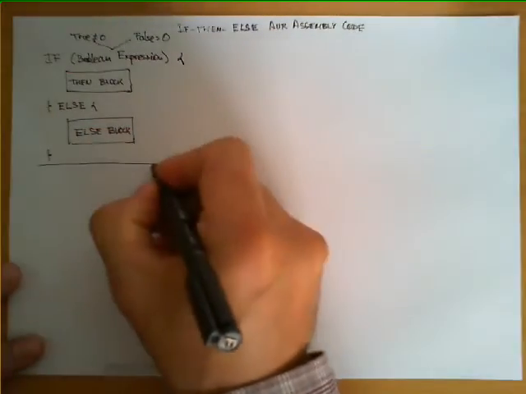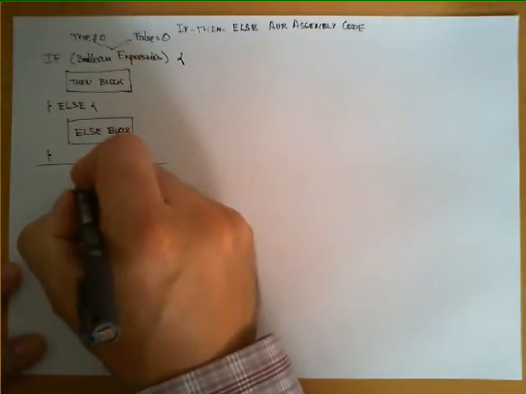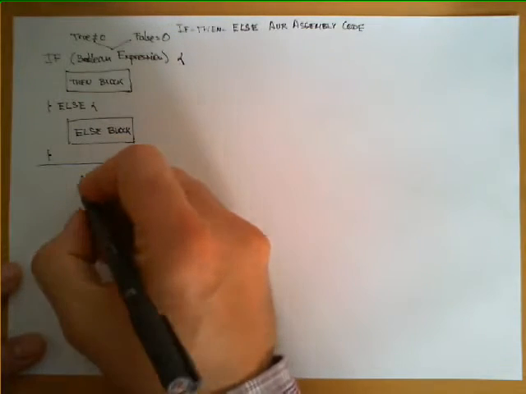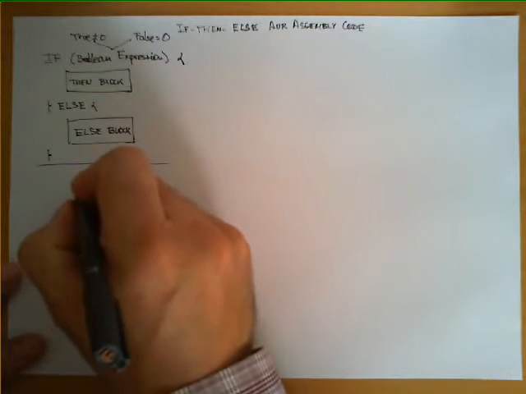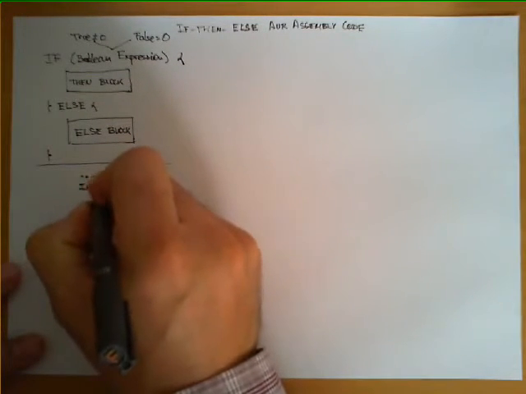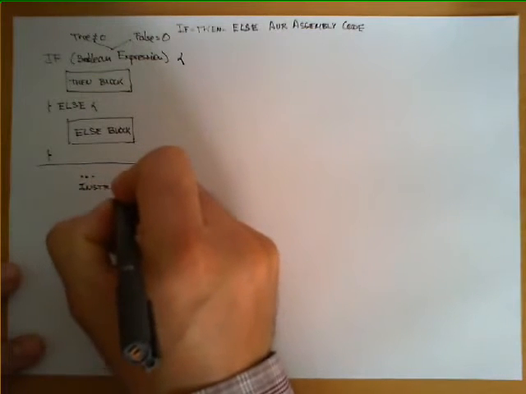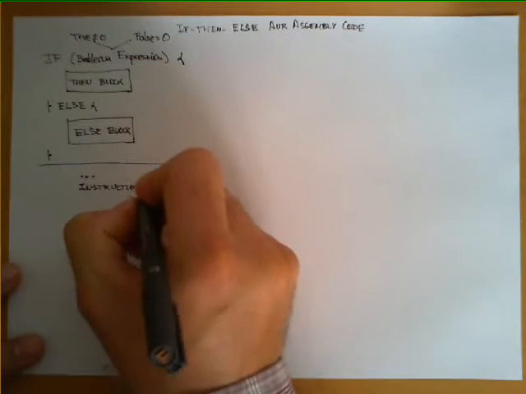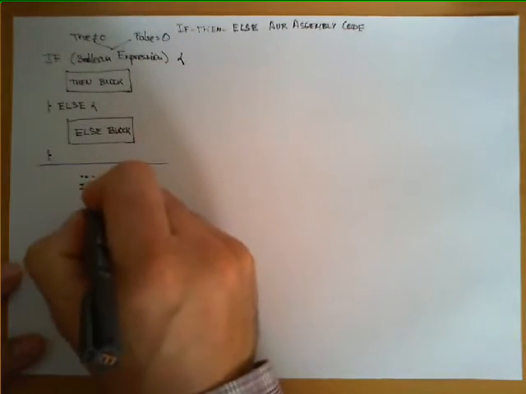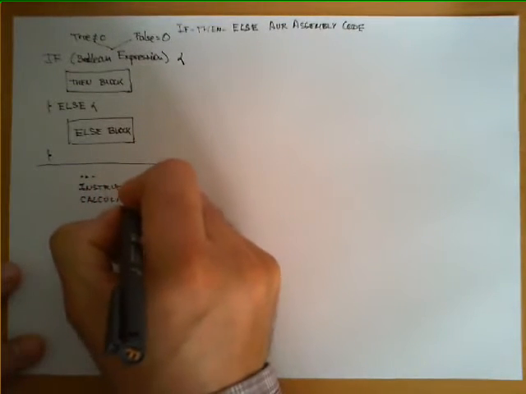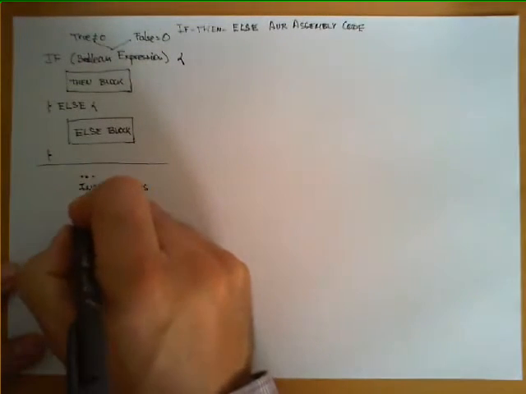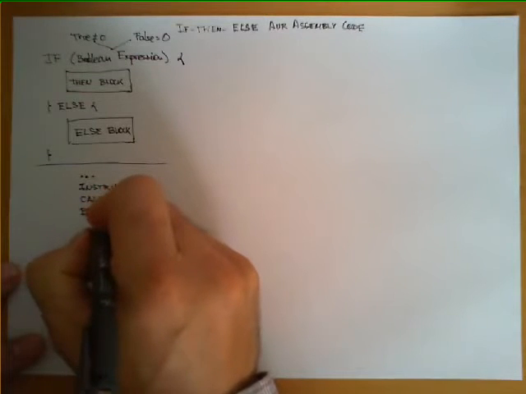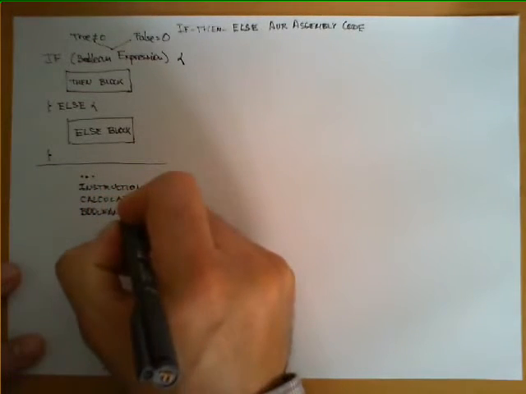So let's assume first that we are in the middle of an assembly program, after some previous instruction, and that we have here some specific machine instructions that calculate the evaluation of the Boolean expression, and therefore we have a Boolean result.